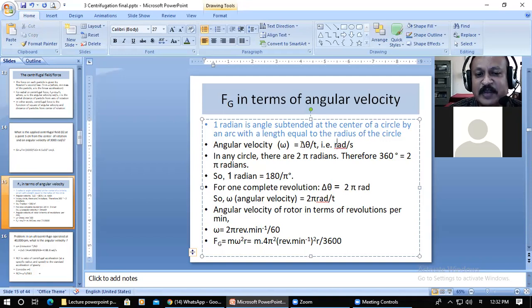So instead of saying delta theta, I am writing here radian per second. How many radians is the particle traveling per second? That is the angular velocity of the particle, which is undergoing centrifugation, of course. It may be a bacterial cell also.